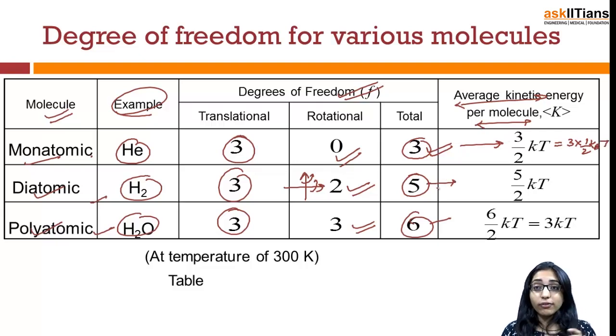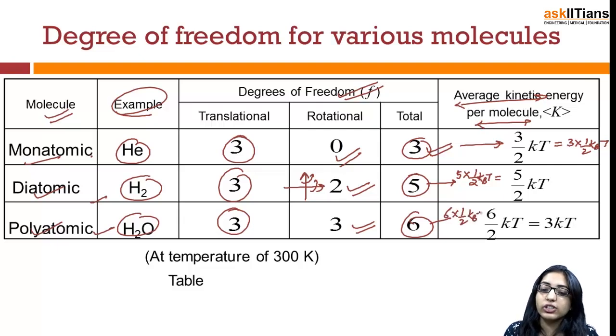Similarly here the number of degrees of freedom is 5, so the total kinetic energy is 5 into 1/2 kBT, which is nothing but 5/2 kBT. And for a polyatomic molecule you have 6 into 1/2 kBT, which comes out to be 3 kBT. Now, all these values have been taken at a temperature of 300 Kelvin.